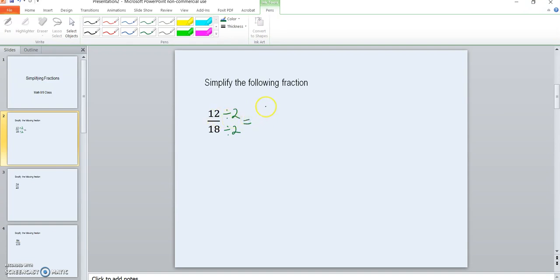And then 12 divided by 2 is 6, and 18 divided by 2 is 9. Now at this point, I have to reevaluate it and determine if I need to do that again. And I know that 3 goes into both of these, so I'm going to divide by 3.